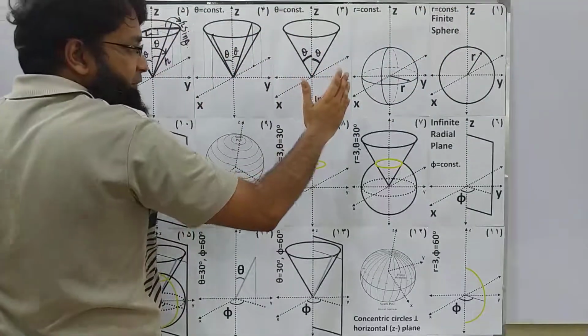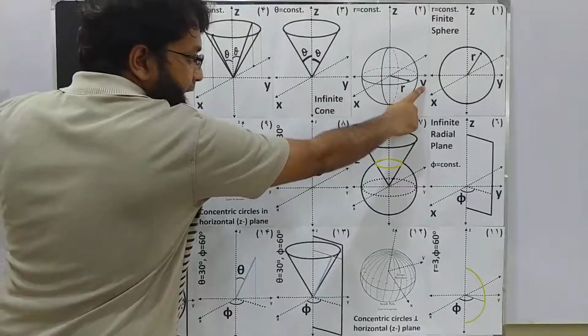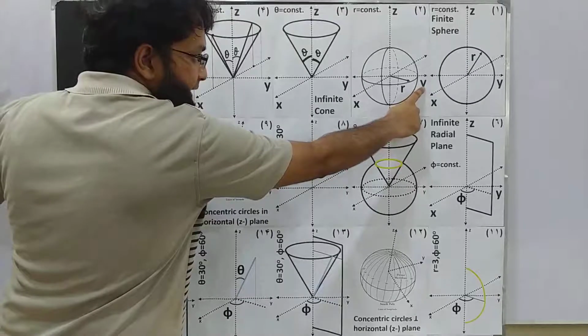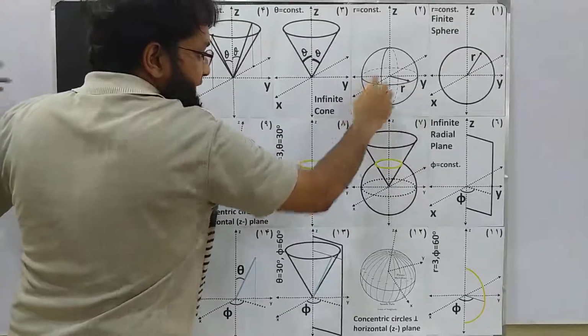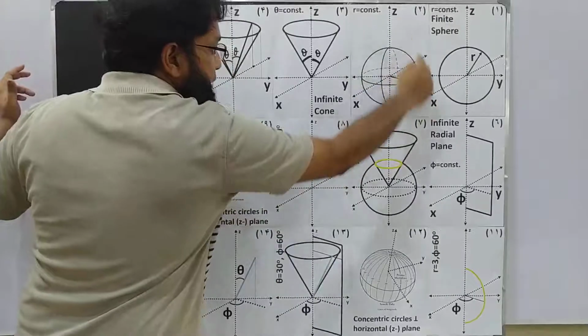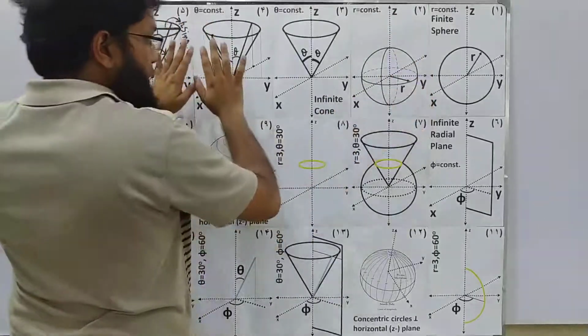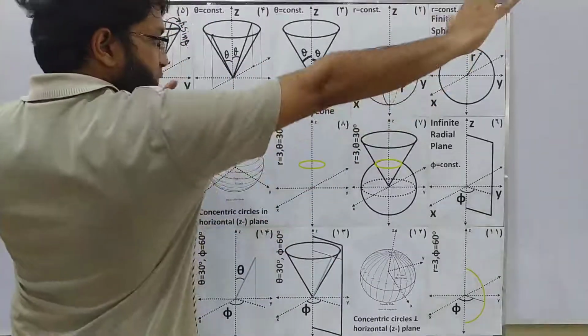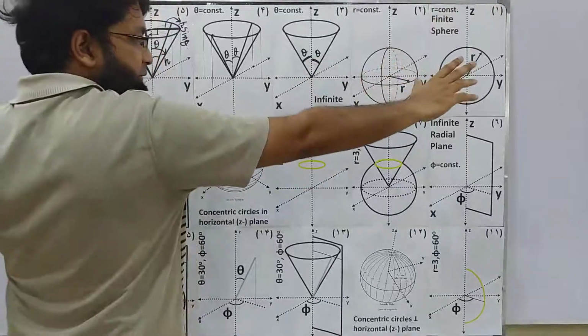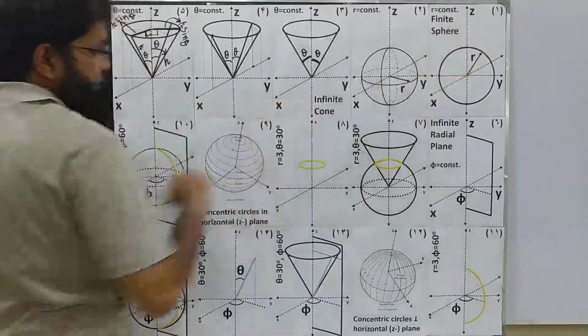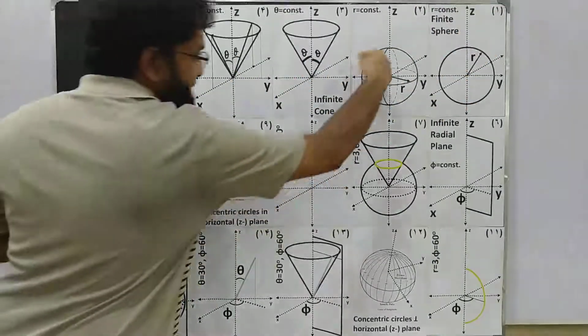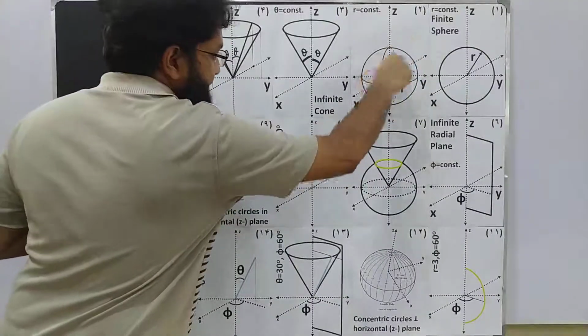For the x equals 0 surface, meaning the yz surface, it goes all the way from negative infinity to positive infinity, so it's infinite. So we have perfect circles.